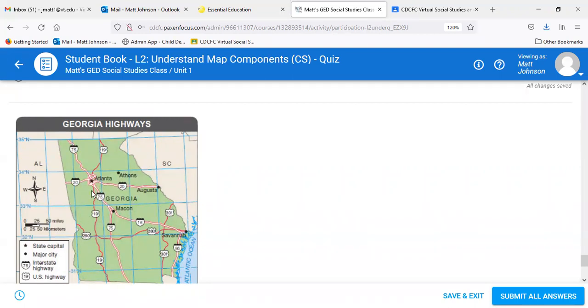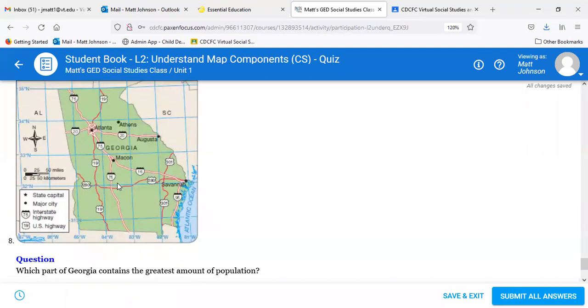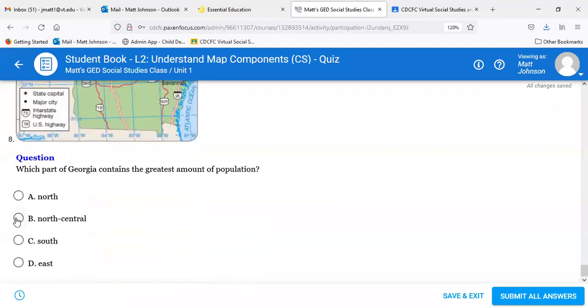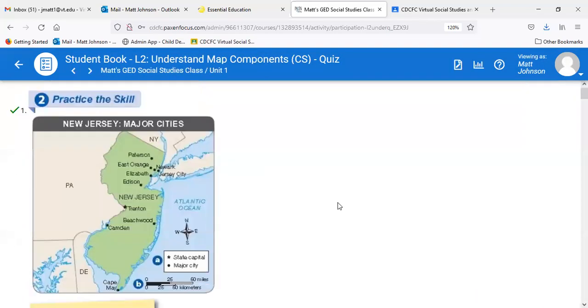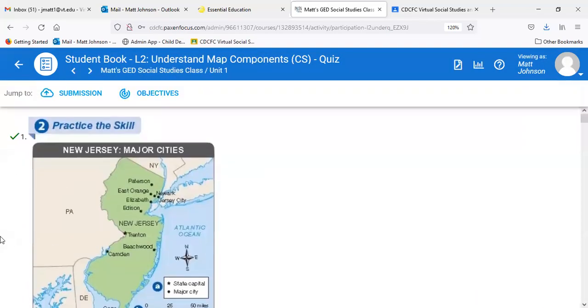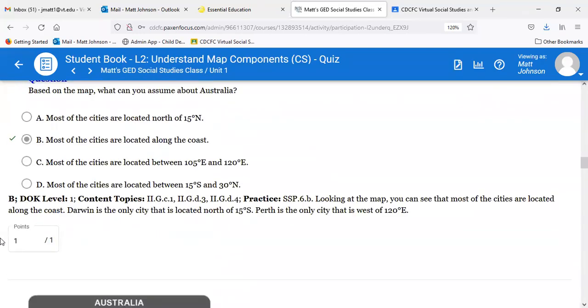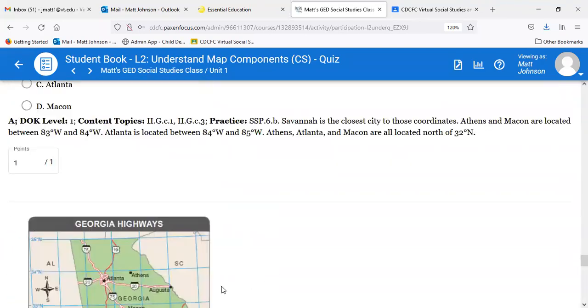Atlanta, Athens, Augusta, Macon, that's all going to have your largest population. So north central. Let's see what happens when we submit it this time. Everything was right. Okay, I'm going to go ahead and stop.